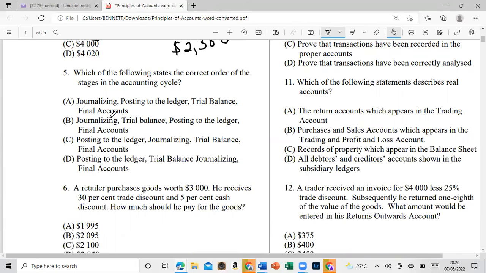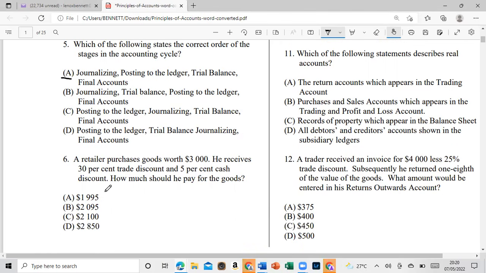Journalizing, posting to the ledger, trial balance, and the final accounts. I'm not going to go any further because that is indeed the order. So it's journalizing, posting to the ledger, trial balance, and then the final accounts. So number 5 is A. Let's move on to number 6.